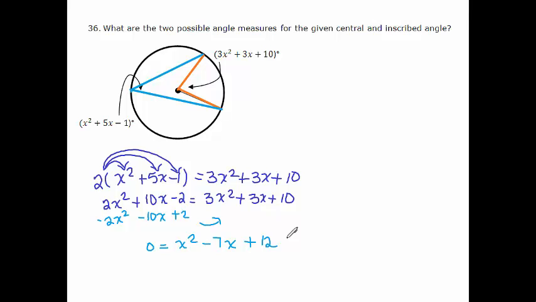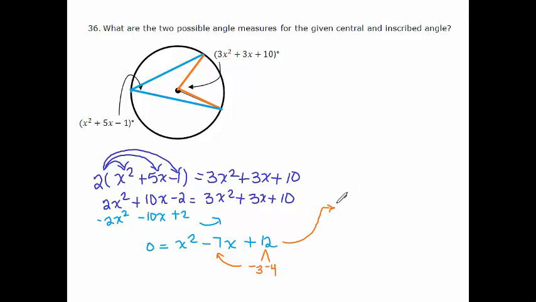And again, I can factor it, or I can use the quadratic formula. For 12, I know that 3 and 4 are factors, and negative 3 and negative 4 are factors. And when I add the negative 3 and the negative 4, I end up with negative 7, so those factors will work.